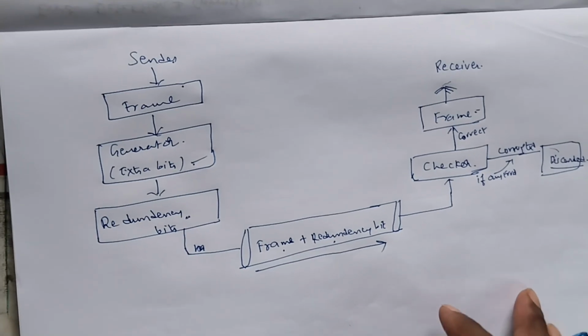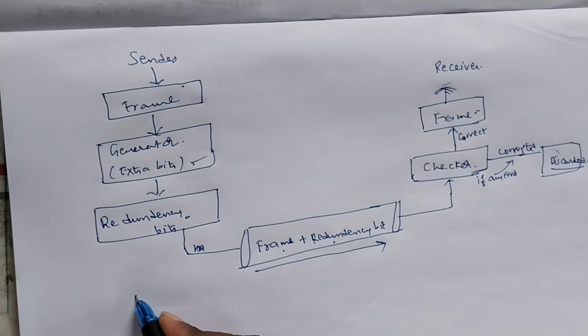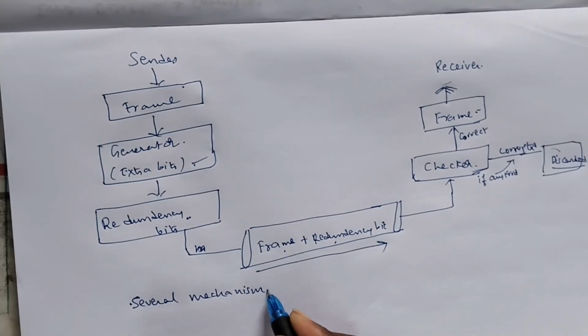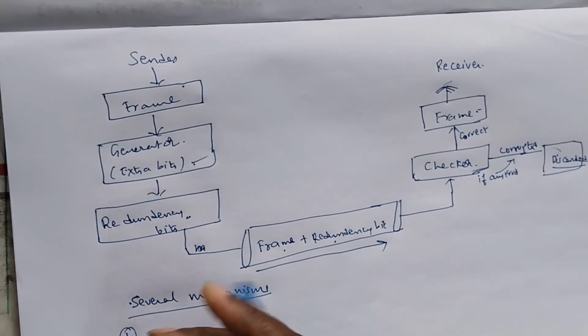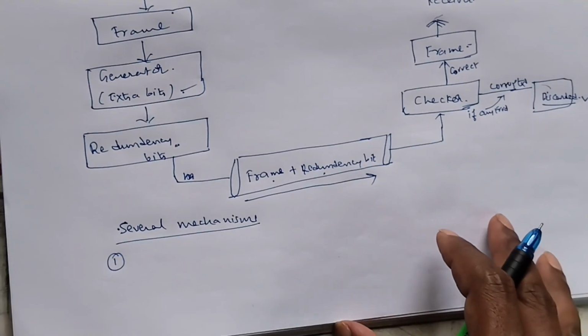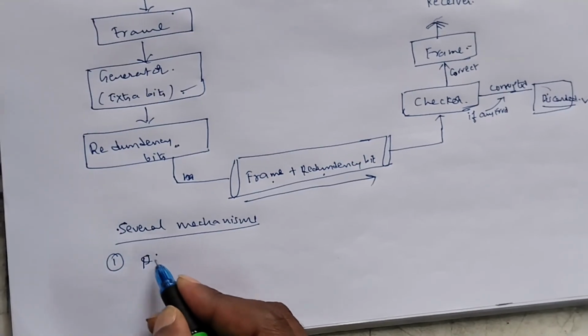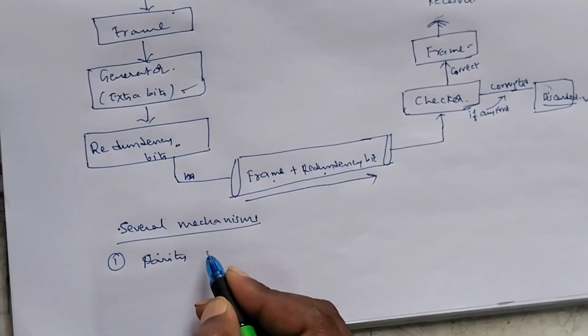In order to check or determine whether a frame has any error or not, we have several mechanisms. Okay, what are the several mechanisms? First one is parity check.